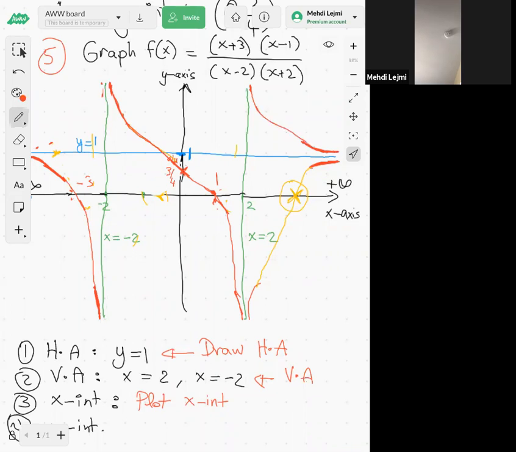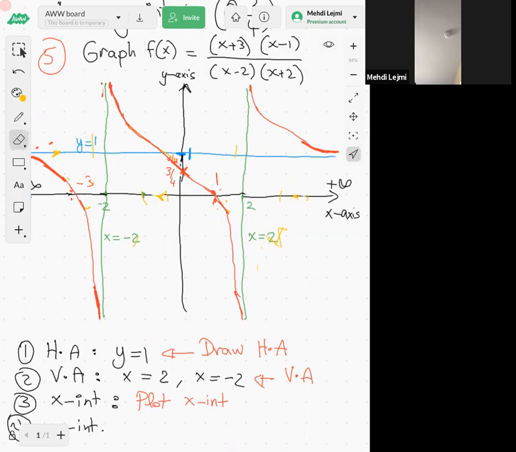You see, this thing here is not the correct graph, because I would have to cross the x-axis, but I don't have an x-intercept, so that's not the right thing to do.